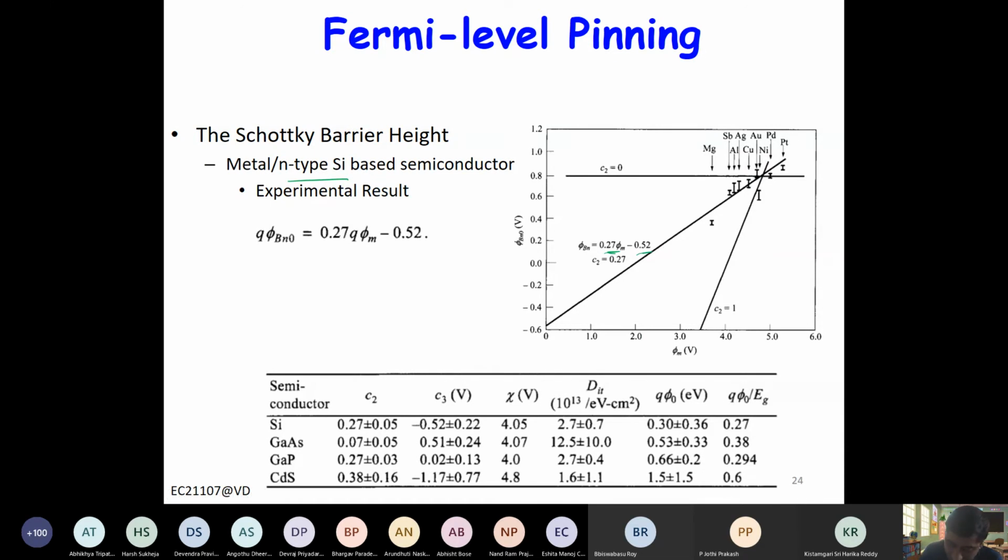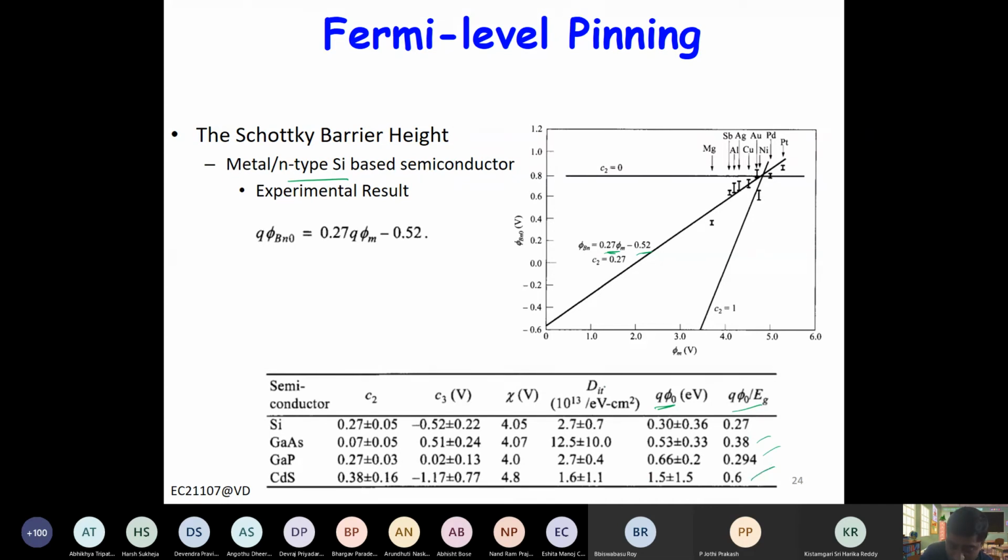For silicon, q phi naught is of course where the neutral interface level is there. So that appears around 0.3 of the band gap, right? Q phi naught by Eg, and around 0.38 here, around 0.6 here.